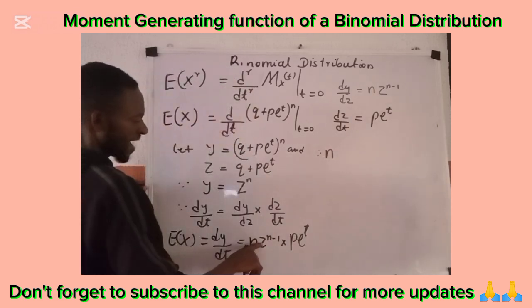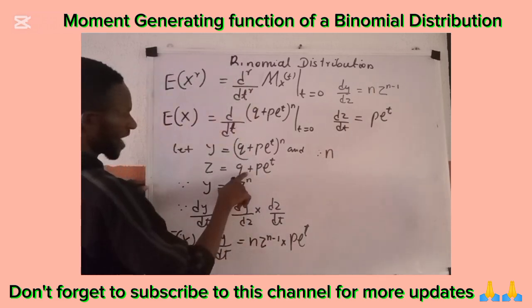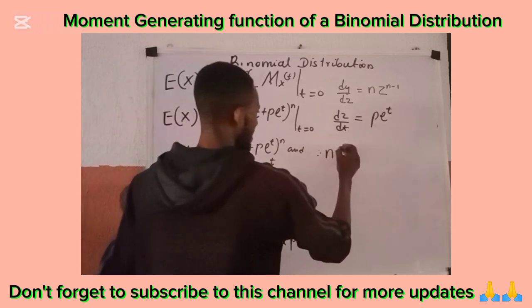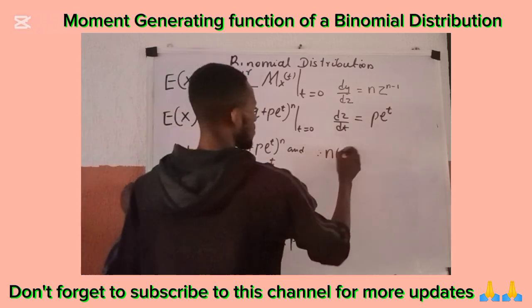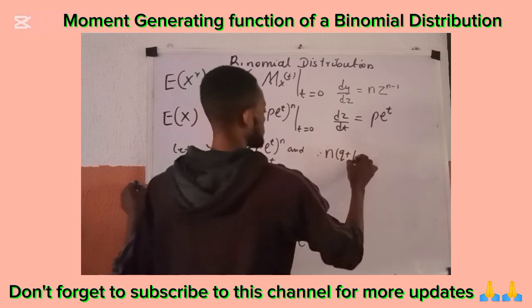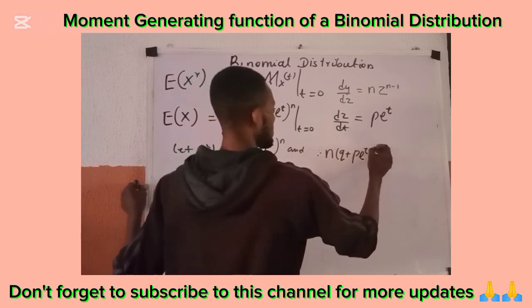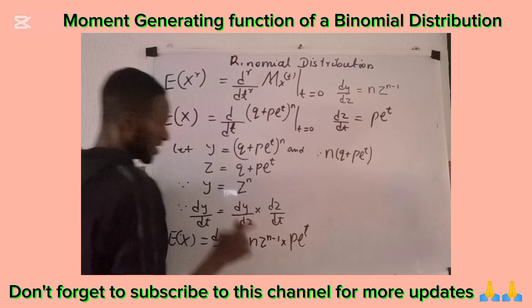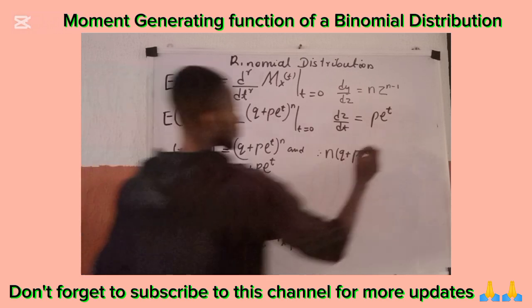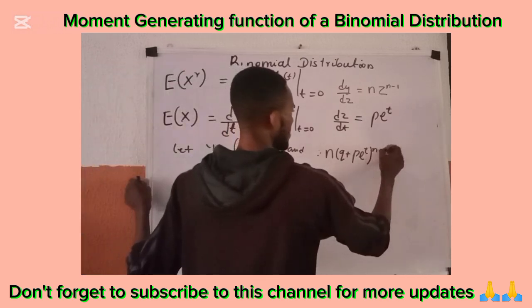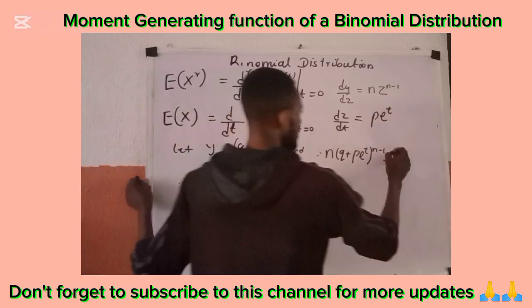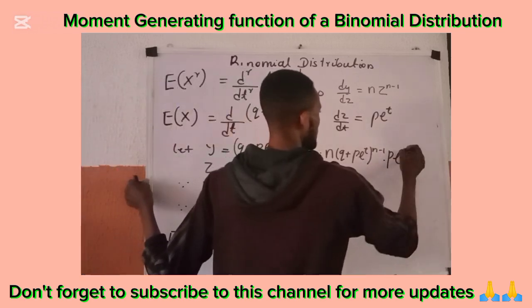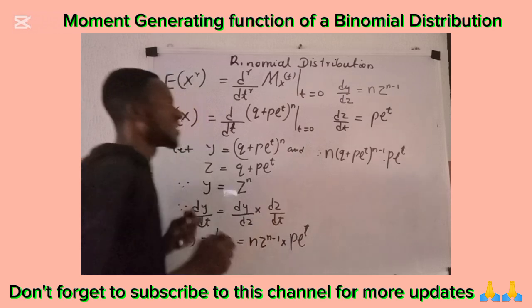In place of this z, I am going to write q plus p of e t. I open a bracket this way, raised to power n minus 1, multiplied by p of e t.